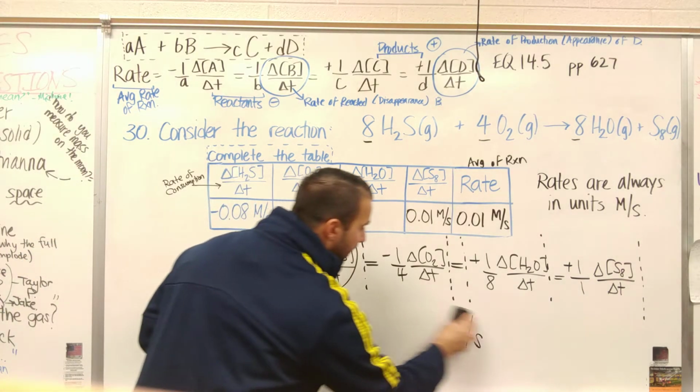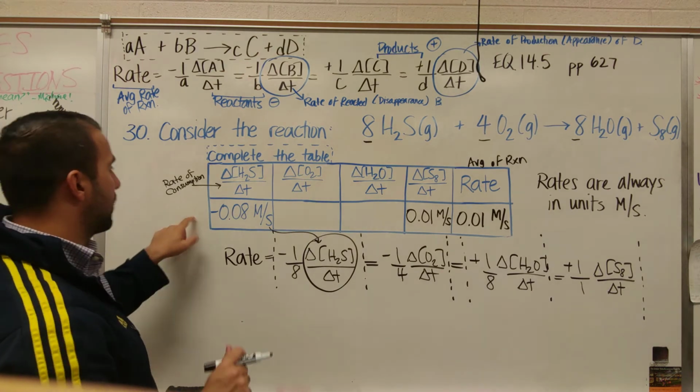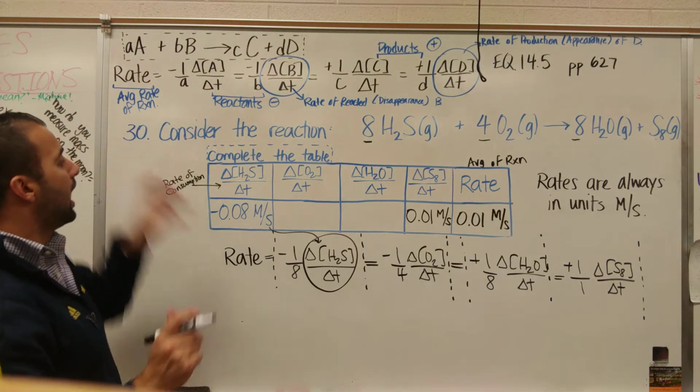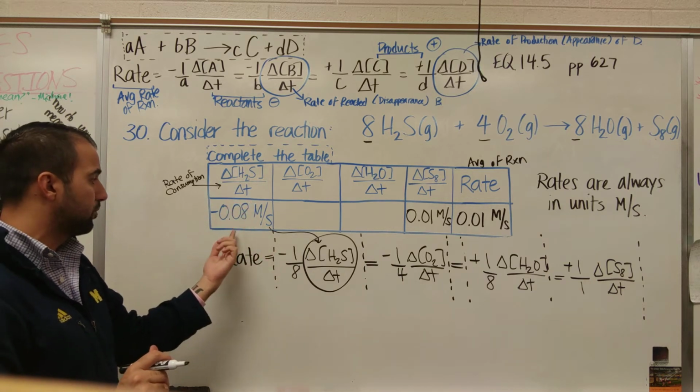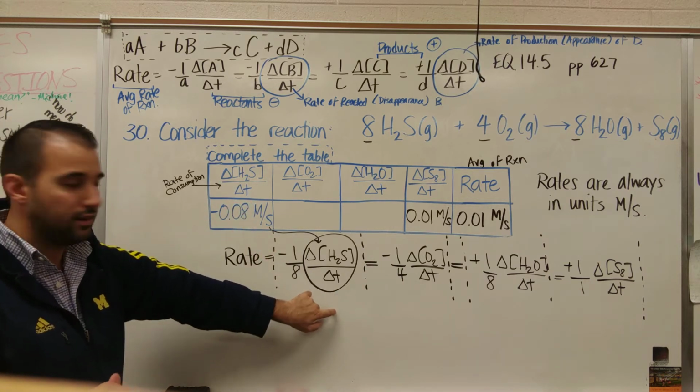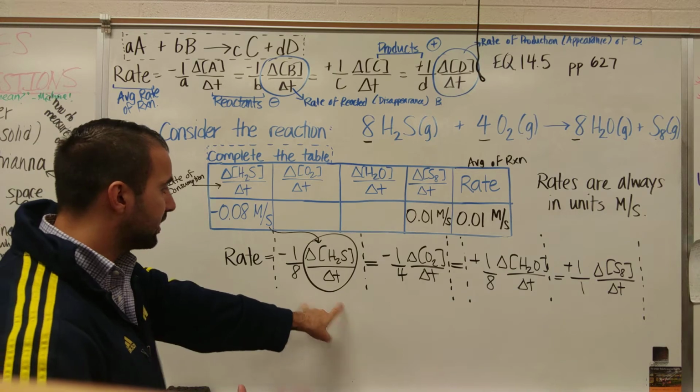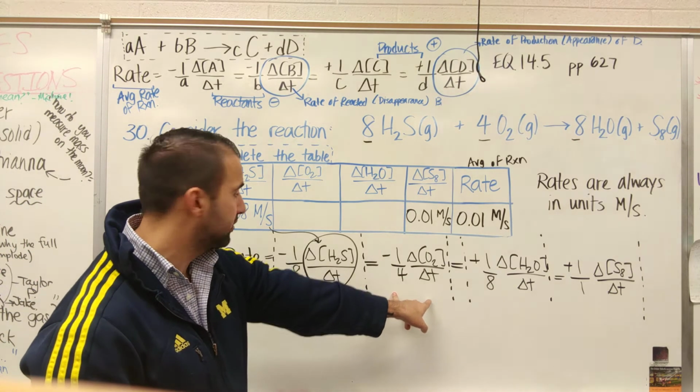So let's say I started backwards and I said, okay, I know that my rate of H2S times the change in T is equal to 0.08. That's what this is. And this must equal this.